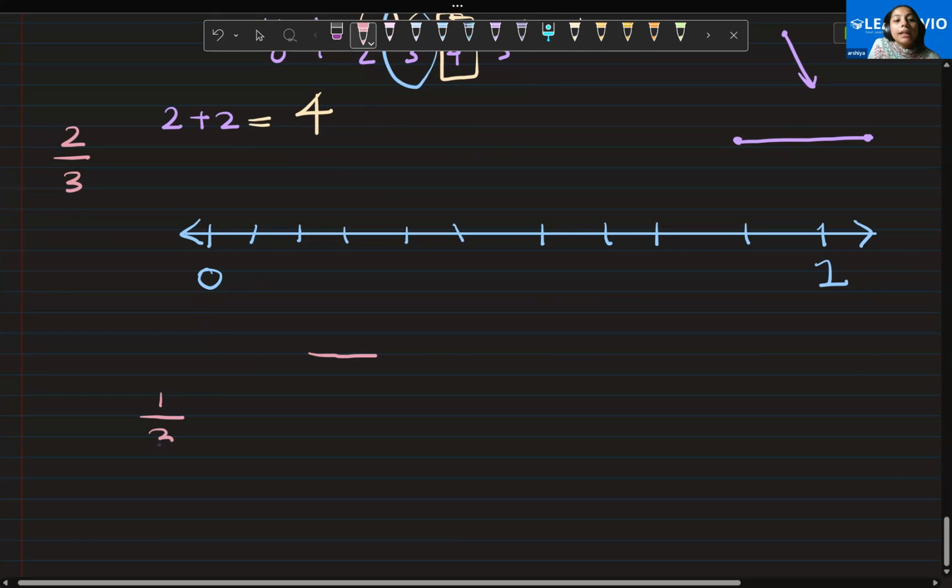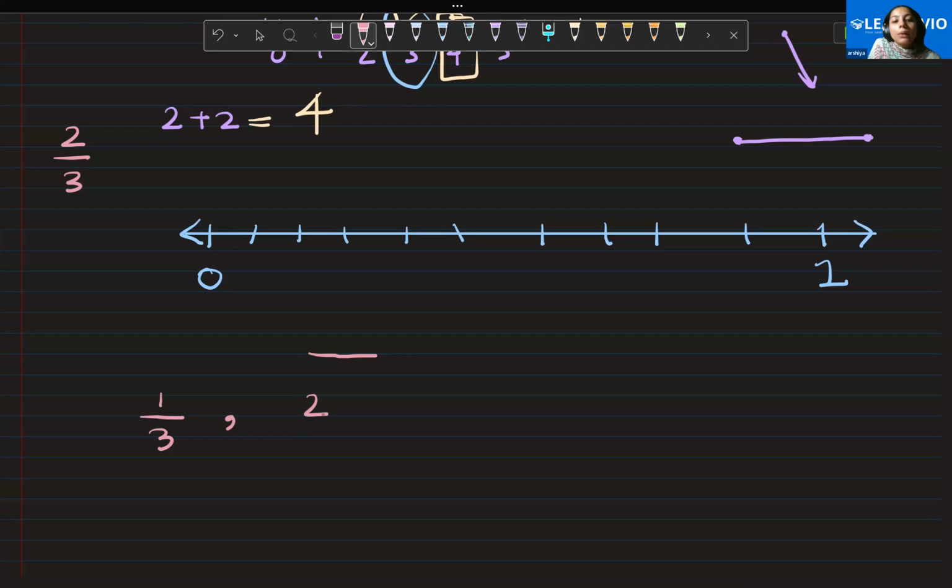So 1 by 3. Your normal counting goes like 1, 2, 3, 4. But when it comes to fractions, you will put the same denominator. So if the denominator is 3, it's going to be 2 by 3, 3 by 3, 4 by 3, 5 by 3, 6 by 3, and so on.